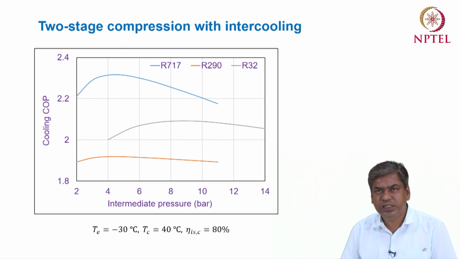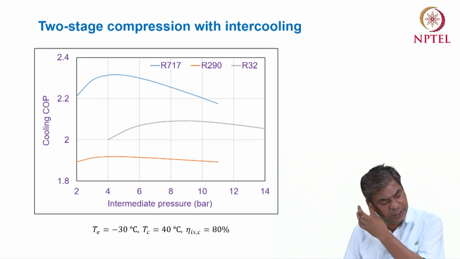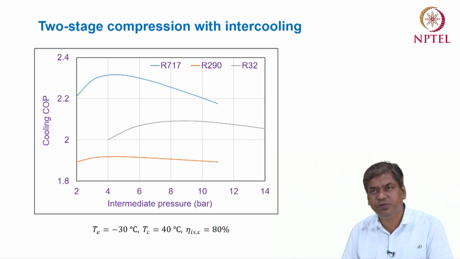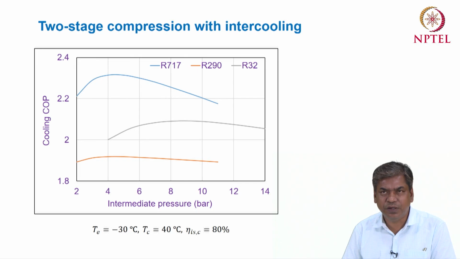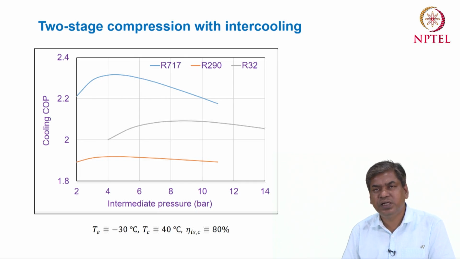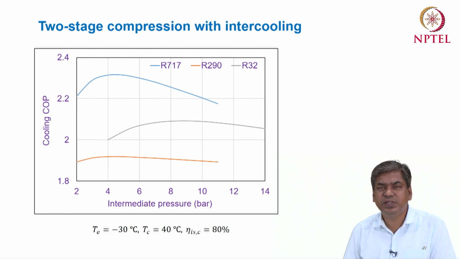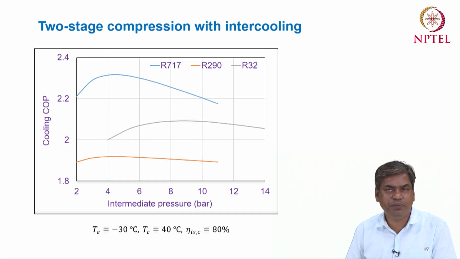Basically, what is happening when we change the intermediate pressure: for a lower intermediate pressure, we get very high efficiency in the lower side compressor, and for a higher pressure, the higher side compressor gives the better performance. In both cases the evaporator temperature is fixed; only the interplay between the low temperature compressor work and the high temperature compressor work changes.